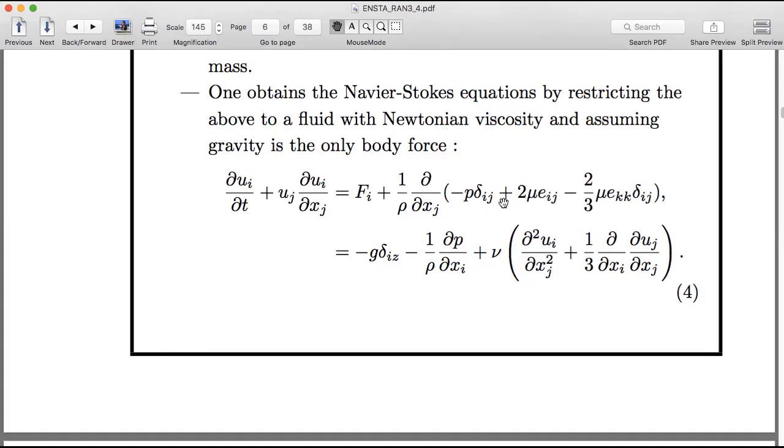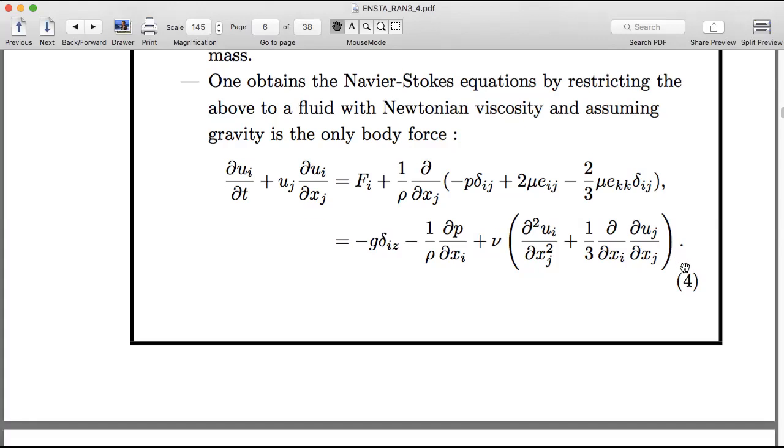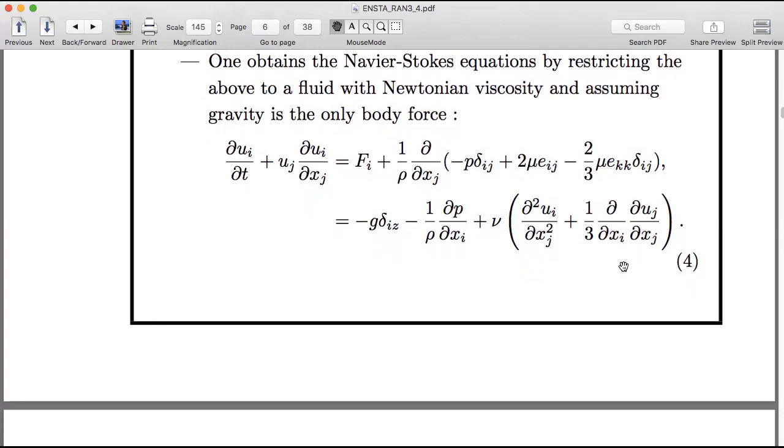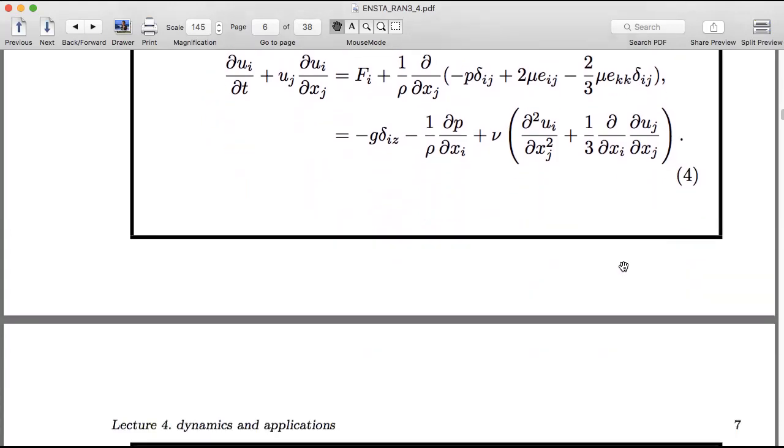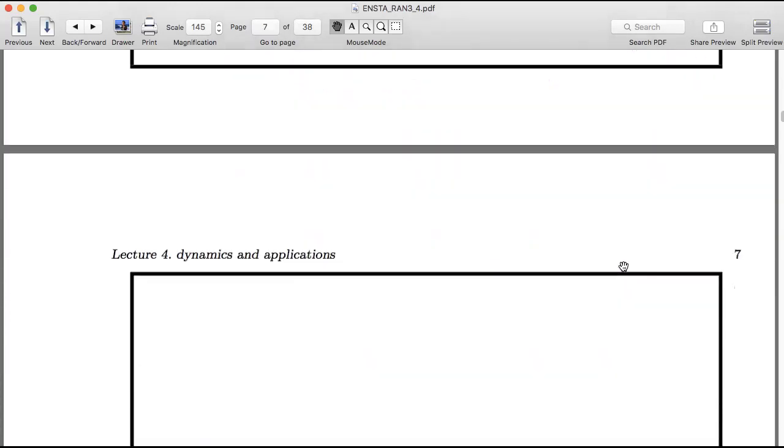So don't think that this is because it's Newton's second law or something. I mean, it is Newton's second law, but it's for the special case of a special type of fluid, which has very wide application. It's the most important type of fluid. It applies to the atmosphere and the ocean.